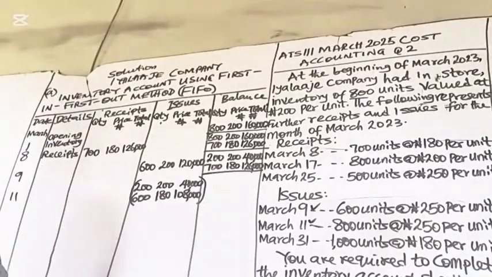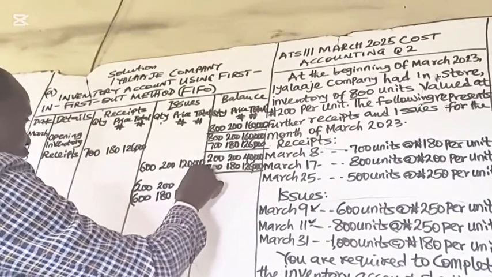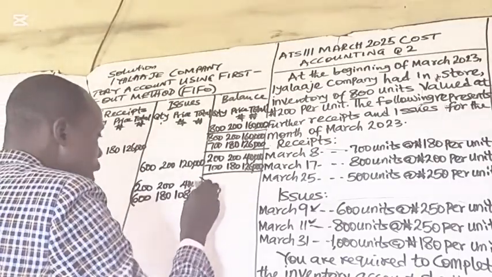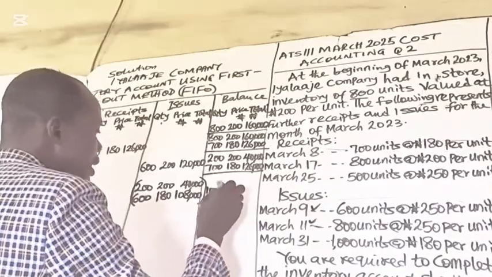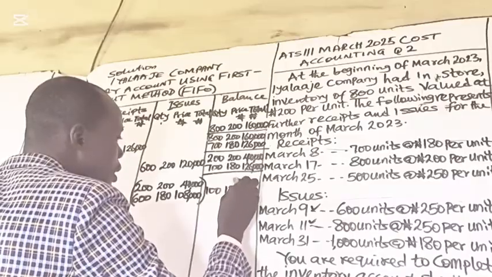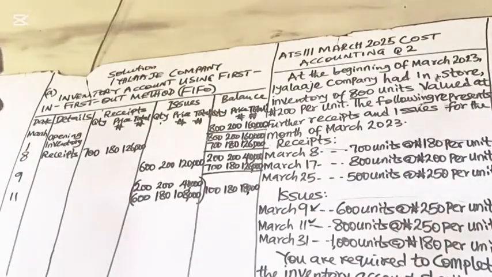Then the balance here will be, you have issued 600 from this 700. Then you are left with 100 there. 100 at the price of 180. That gives us 18,000. So you are left with 18,000 in inventory.